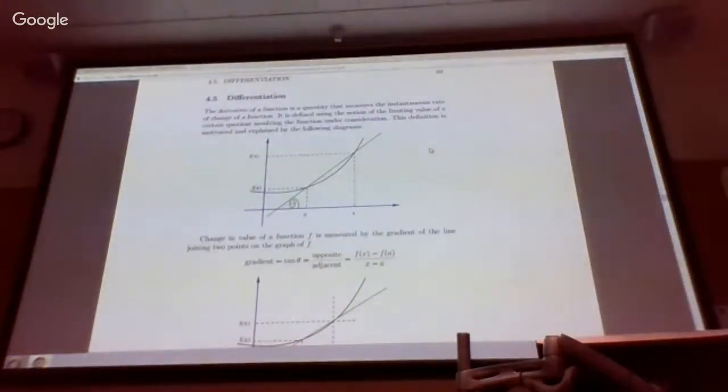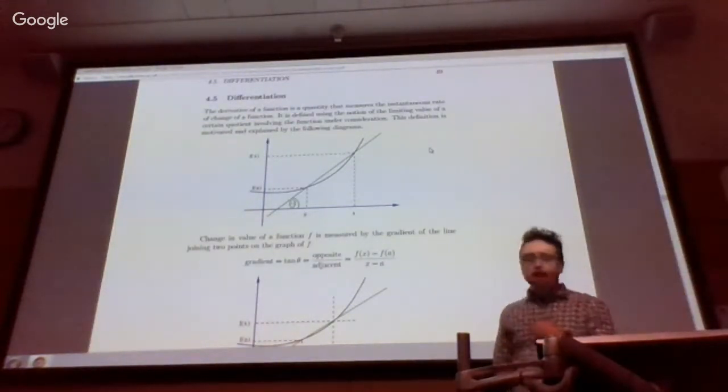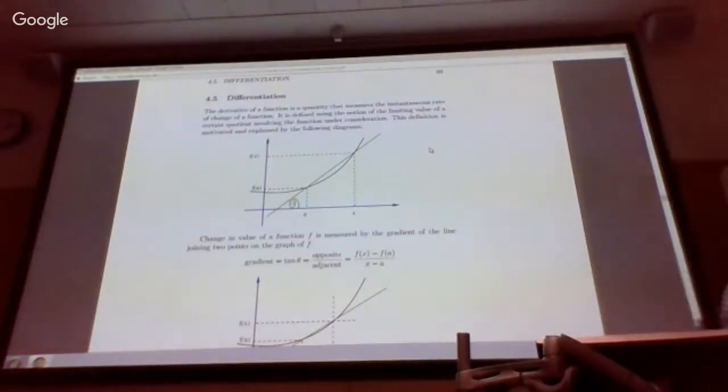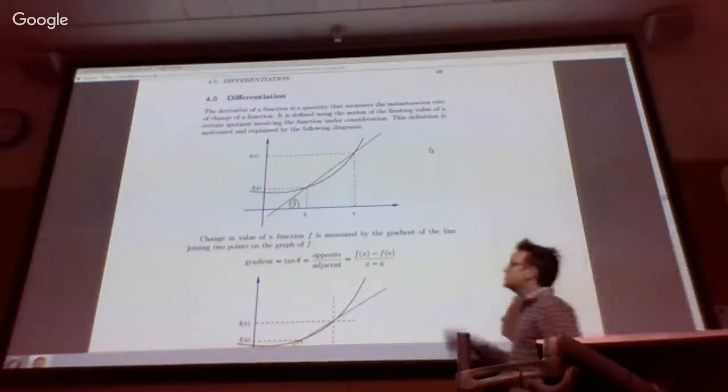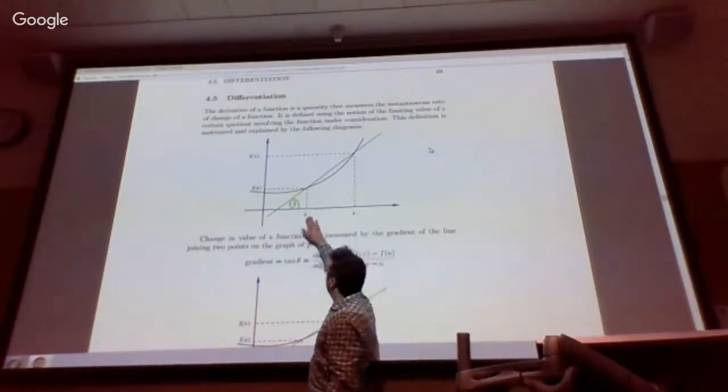Now the derivative of the function is a device for talking about and representing how the function is changing. One very basic way you might describe how the function is changing is to look at two points in its domain, a point a and a point x.